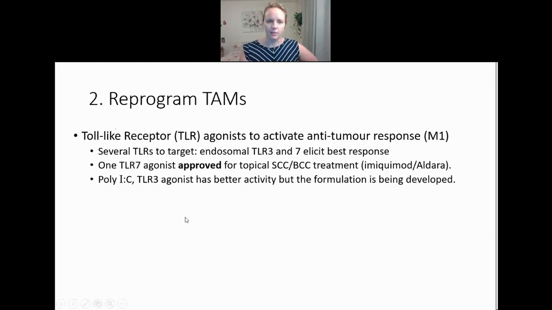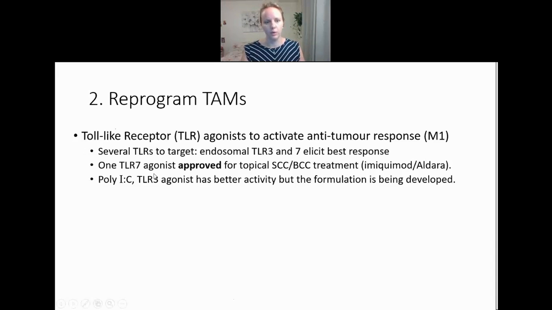There are several TLRs that could be targeted, and kind of counterintuitively, TLR2 and 4 are expressed on the surface, but TLR3 and 7 exist within the endosome, which is intracellular, and they have elicited the best response in experiments and trials.